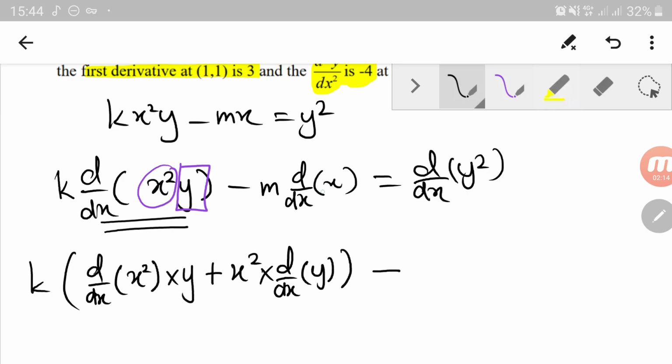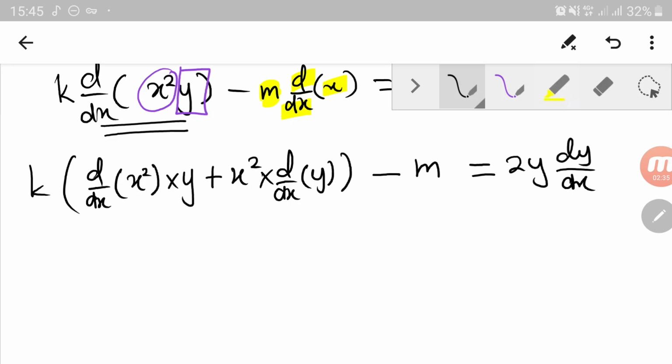Next is differentiation of x with respect to x, which is 1, and 1 multiplied by m is m. This equals the differentiation of y squared with respect to x, which is 2y dy/dx.